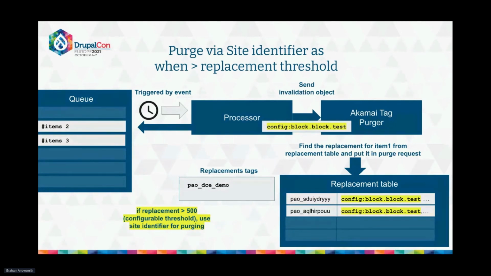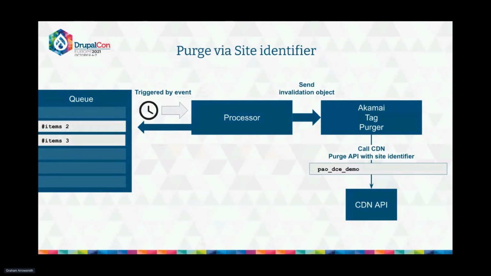With this change, our CDN call will look like what we can see on the screen right now. Basically, a single tag will come, the identifiers will be fetched, and they will be replaced with a single site identifier tag. Now, even after all this, if we still get into a halted purge state, how do we recover?